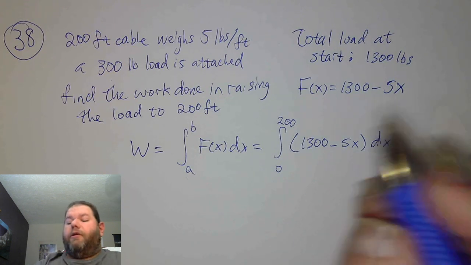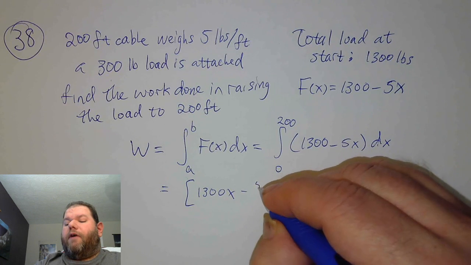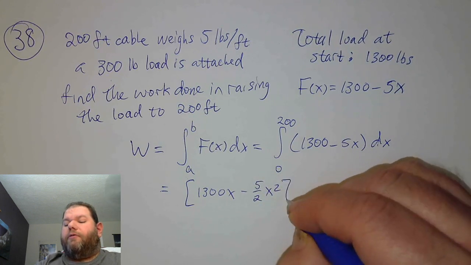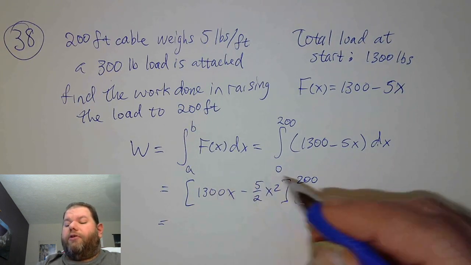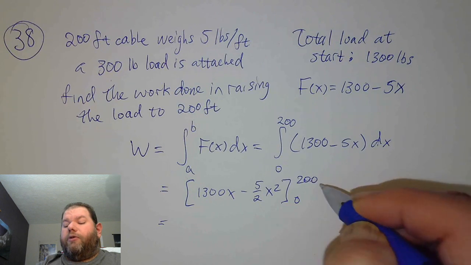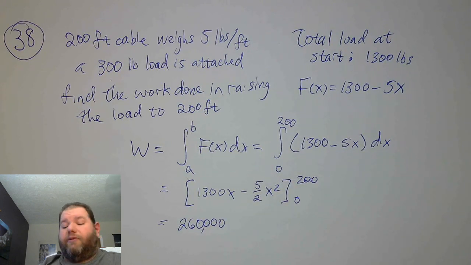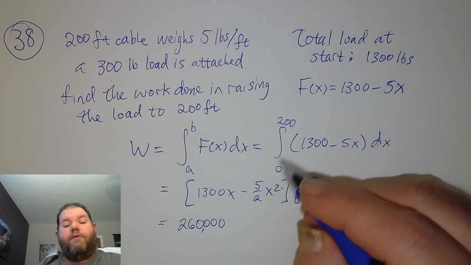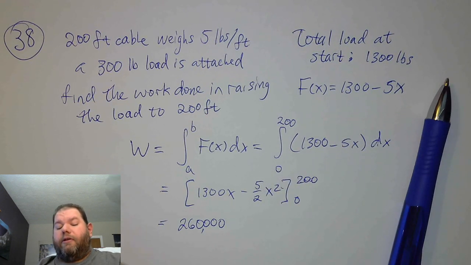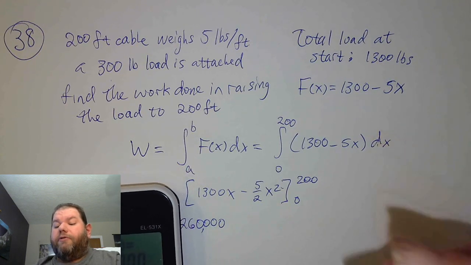Okay. And so we get 1,300x minus 5 halves x squared as our integral, and that's from 0 to 200, so we plug in 200. 1,300 times 200 is 260,000. 200 squared is 40,000, times 5 over 2 gives us 100,000.